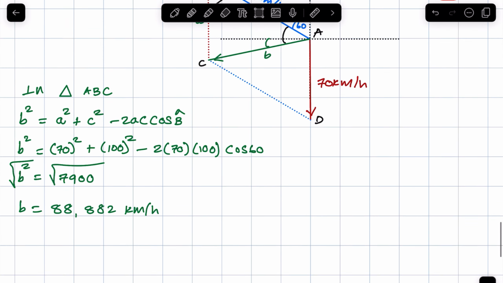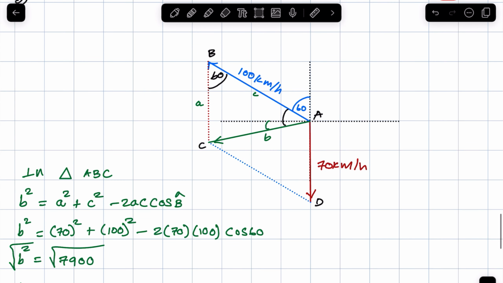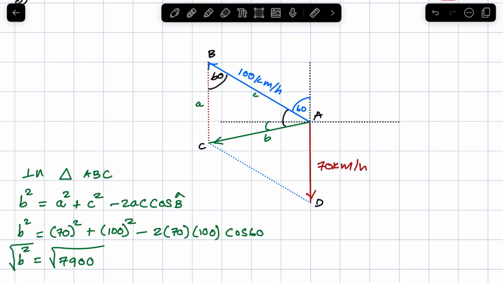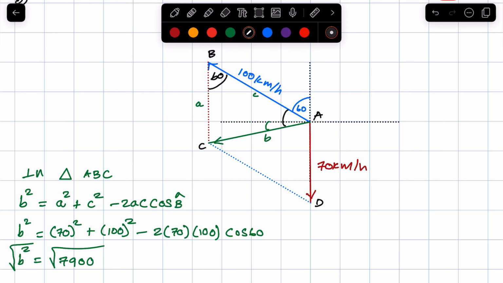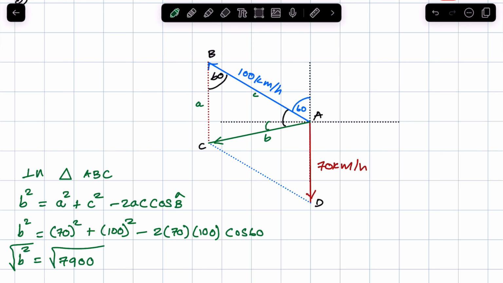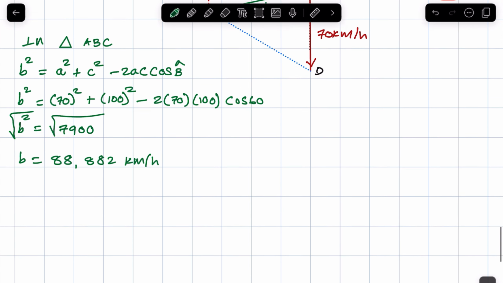Still using triangle ABC, we are going to calculate this angle, angle A, essentially using the sine rule.